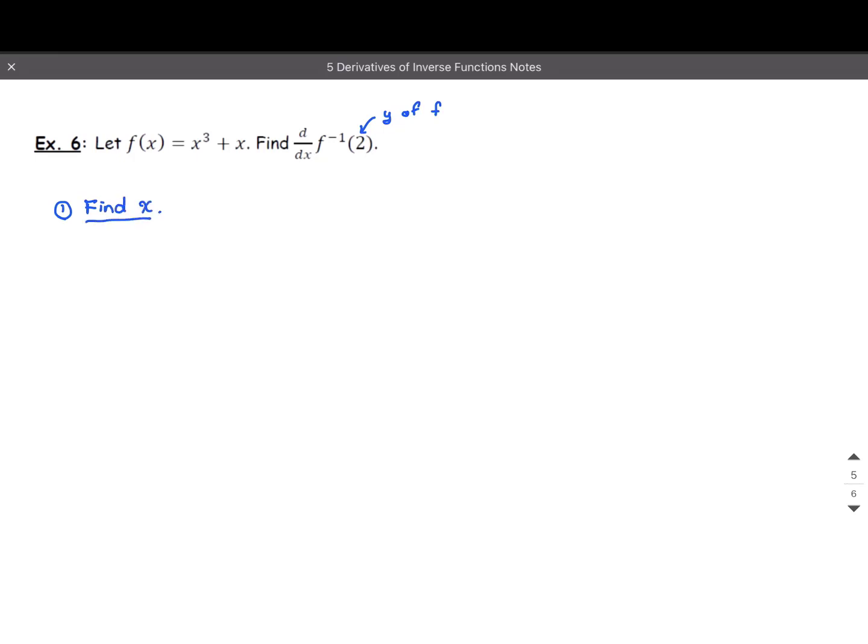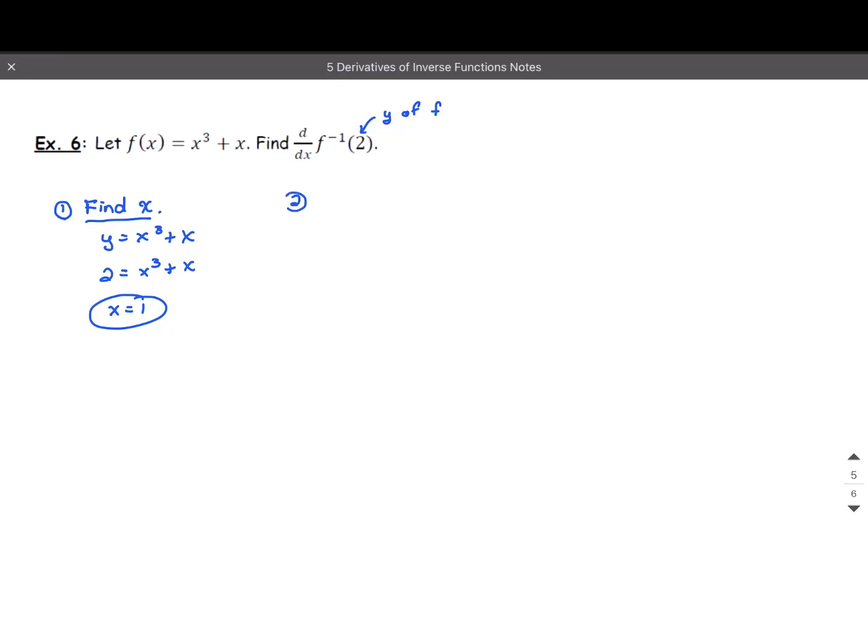If f of x is x cubed plus x and y is 2, we need to find x. I think the only number that when I cube it and add it to itself gives me 2 is going to be 1, right? You can check me on the calculator if you want to graph it or use C polyroots.